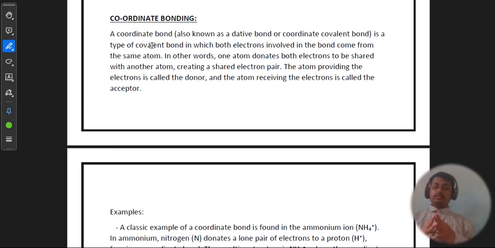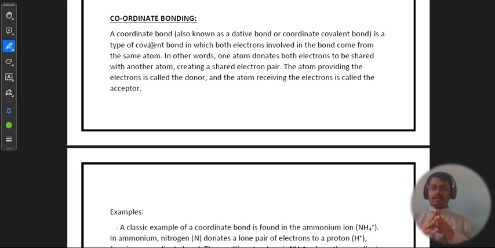Then the sulfur will transfer one of its available lone pairs to the other oxygen, and this is how we form coordinate bonding.